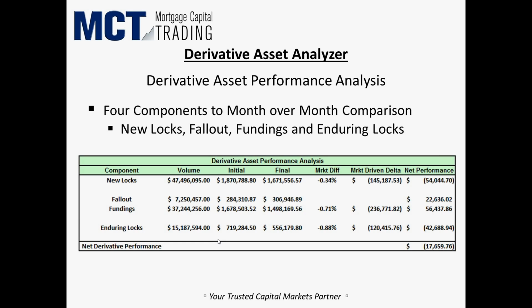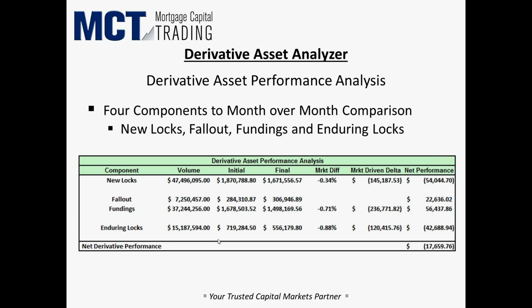Obviously, the trade positions are going to perform by definition with the market, because they are your independent variable. They're not of concern. The concern is, of course, how did your derivative asset on your loan production perform?